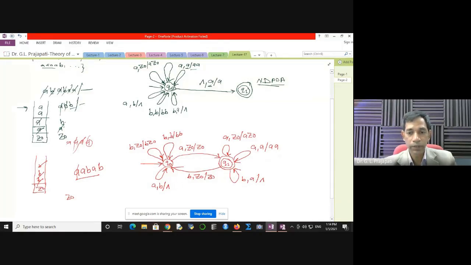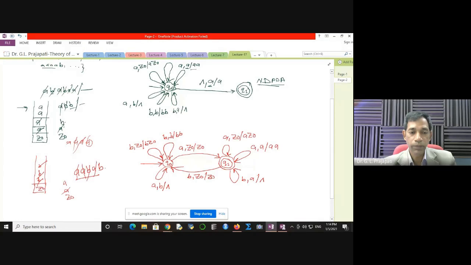Whenever you are at the state Q1 with input A and top Z0, you save it. Whenever you have input B and top is A, you delete it. Input is A and top is Z0, so you can save it.